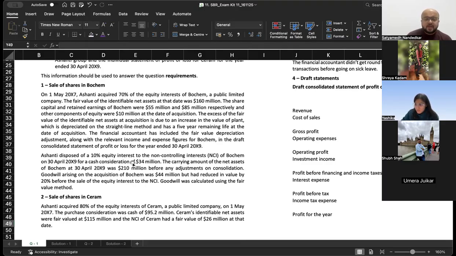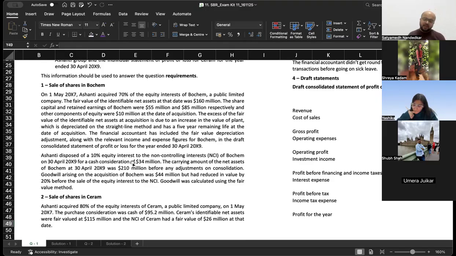The excess of the fair value of identifiable net assets at acquisition is due to an increase in the value of plant, which is depreciated on a straight line basis and has a 5-year remaining life at the date of acquisition. The financial accountant has included the fair value depreciation adjustment along with relevant income and expense figures for Bokem in the draft consolidated statement of P&L.